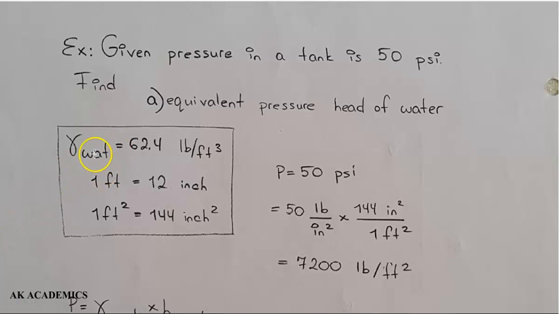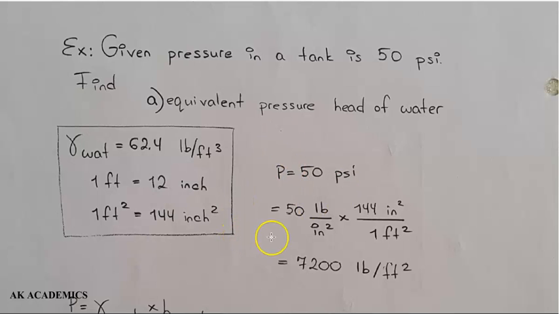So the specific weight of water is 62.4 pounds per cubic feet. 1 foot is always equal to 12 inches. 1 square foot will therefore be equal to 12 times 12, which gives us 144 square inches. And we have been given the pressure in the tank to be 50 pounds per square inch.